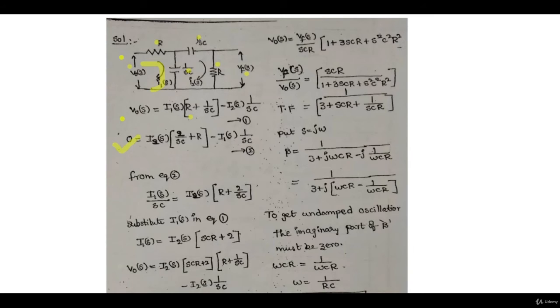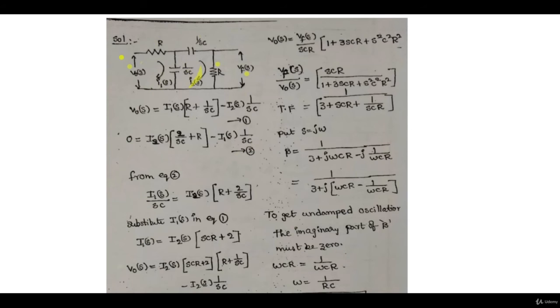Then the second loop is I2(S) into 2 divided by SC plus R, minus I1(S) 1 by SC. This is the second loop equation. From the second loop equation you get I1(S) divided by SC is equal to I2(S) into R plus 2 divided by SC. Substitute the value of I1 into equation 1. I1(S) is equal to I2(S) into SCR plus 2. That's what you will get.